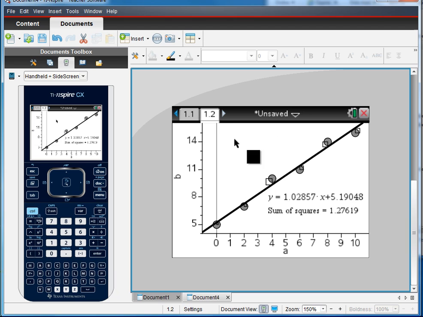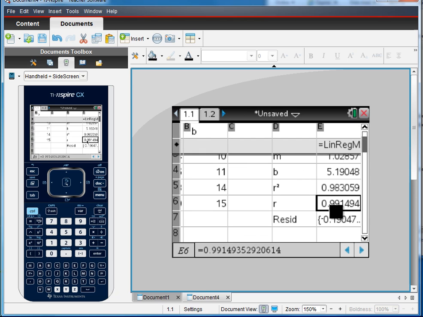So once again, if we look at this line, the slope is positive and all the points are very close to the line, so we're very close to perfect positive correlation. So here we have the R value, it's very close to 1.